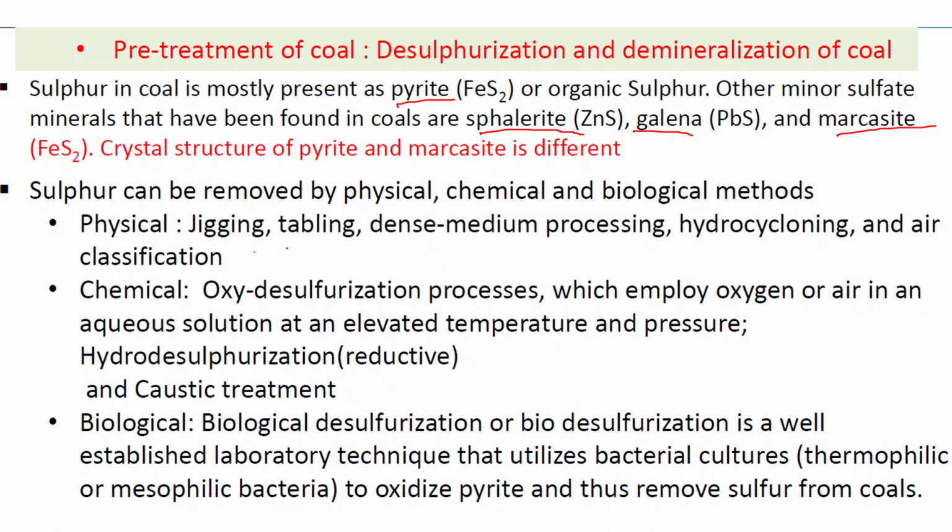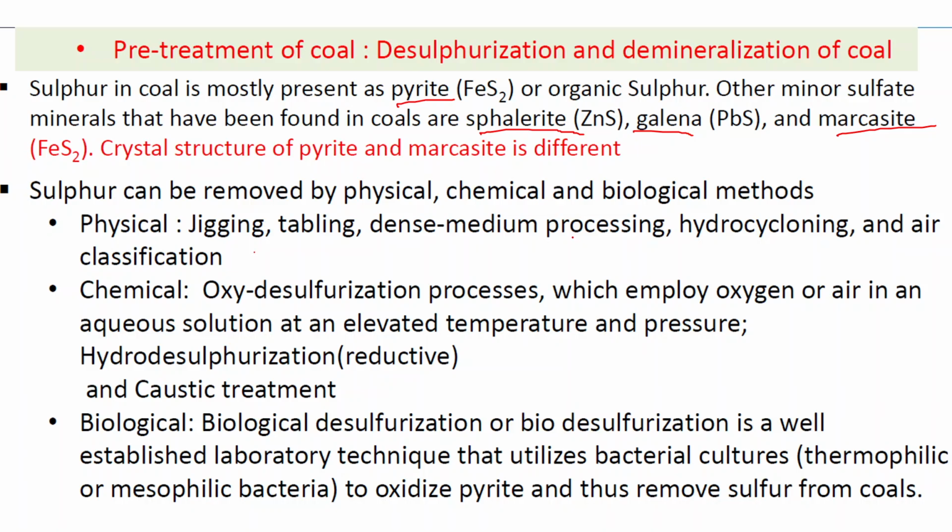Jigging deals with the difference in acceleration: when a sample is falling from a height, different particles separate depending on their mass. Dense medium processing is when we form a slurry of the coal sample, and the components separate out depending on their density.